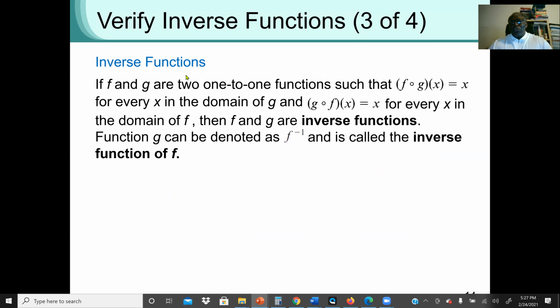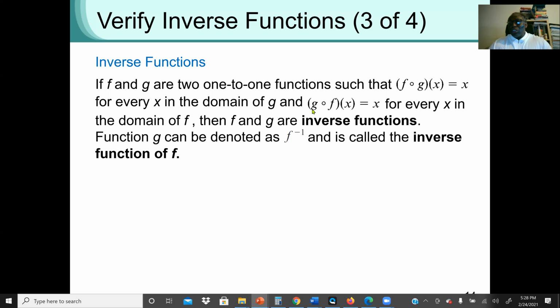So what is an inverse function? If we have a function f and g, and they are two one-to-one functions, such that f composite g at x equals x, which means if I put g at x inside f, my answer should be x, for every x in the domain of g.